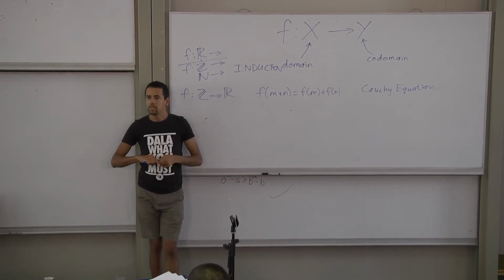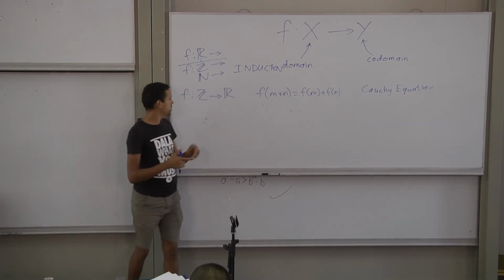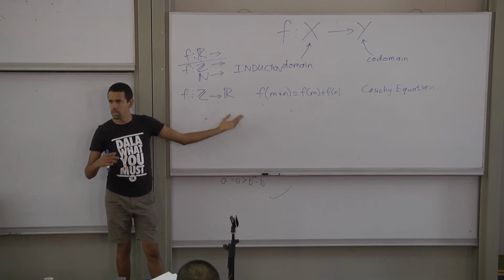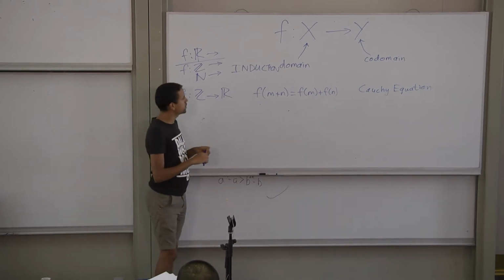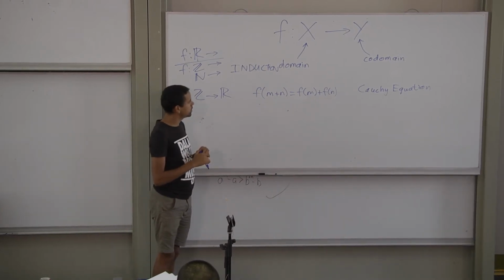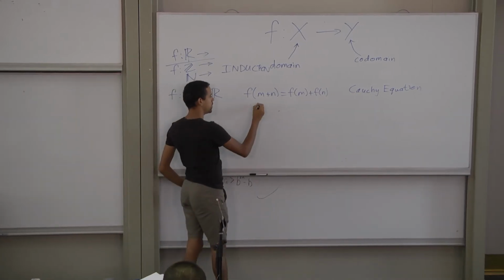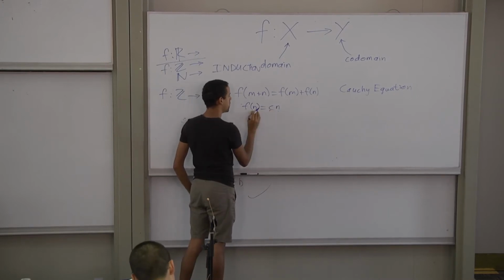And under a certain set of conditions, this is generally true. One of those conditions is if your domain is the integers. Then you can just prove by induction that f of n is always a constant times n. For example, how do we do this? We want that f of n should be some constant times n.